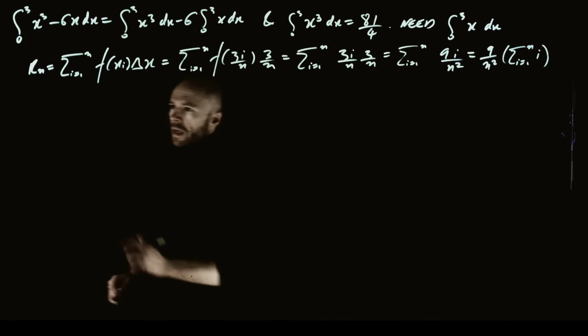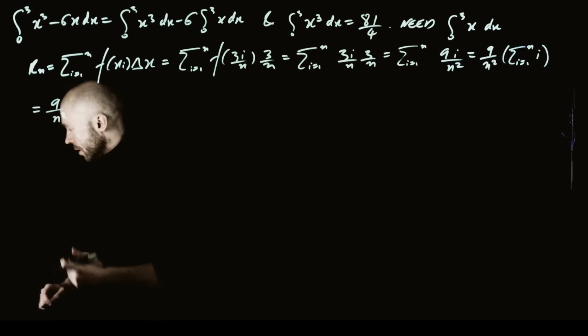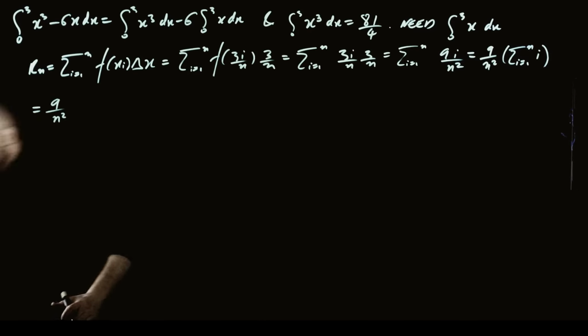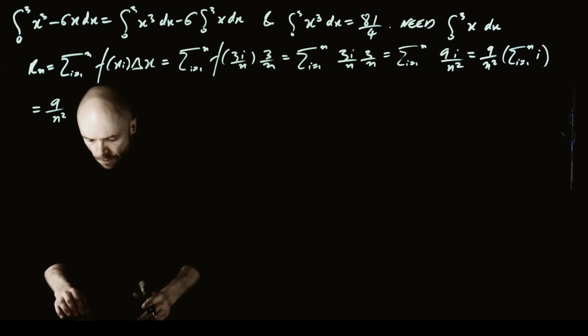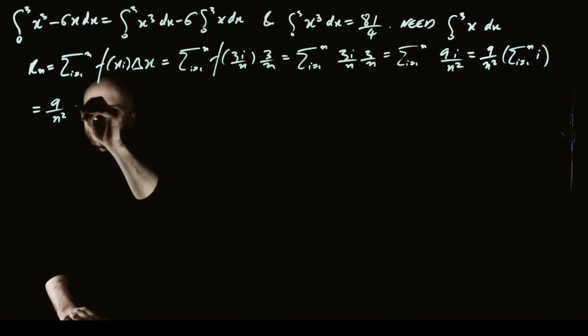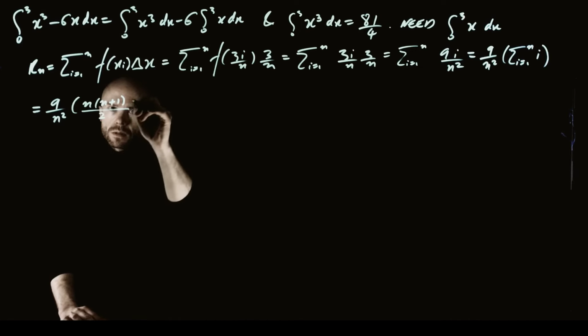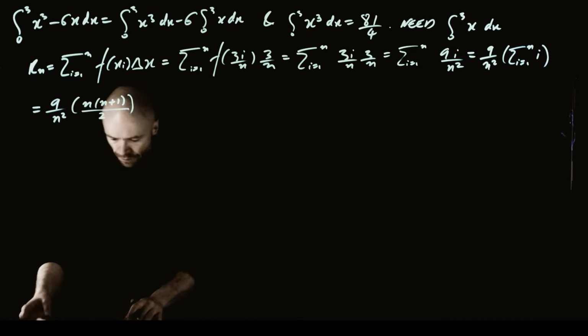Cool. And then we can use the formula that we had before, that I erased, for the sum of i from 1 up to n, and that is n times n plus 1 over 2, like this.